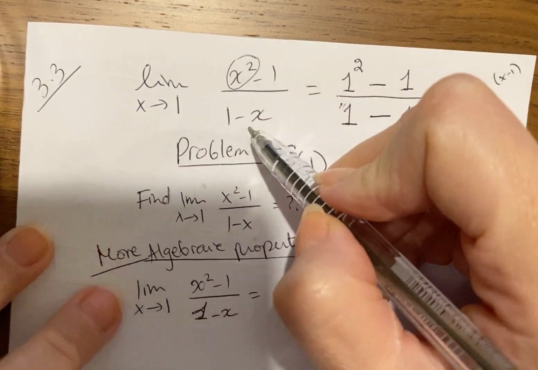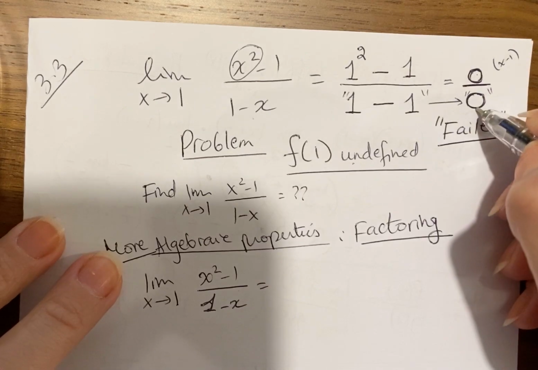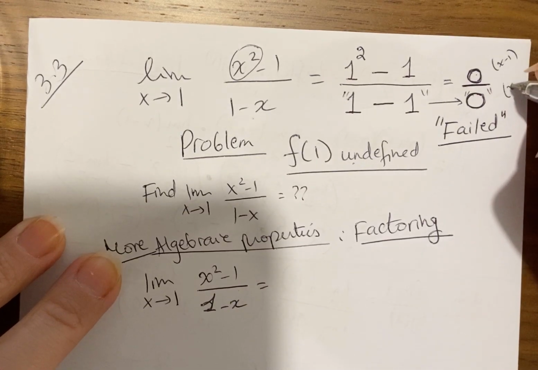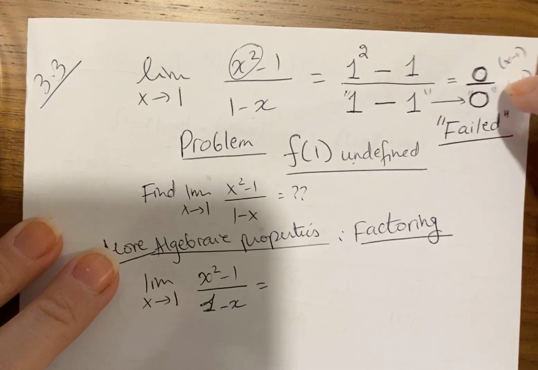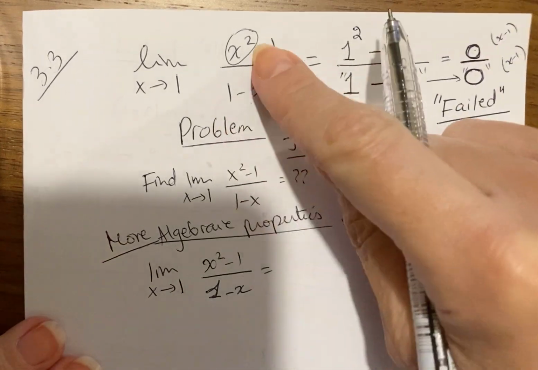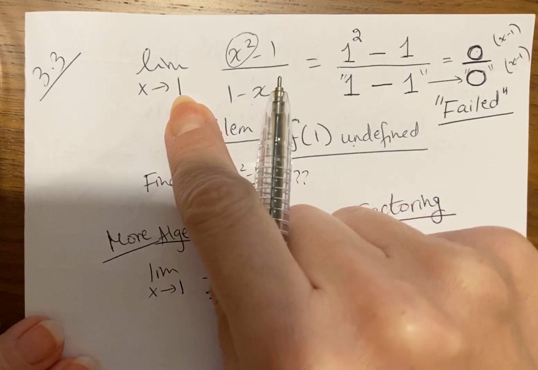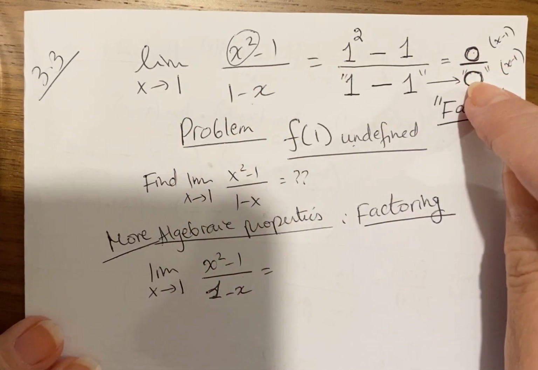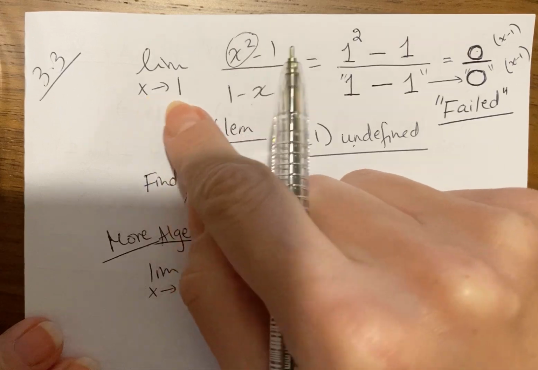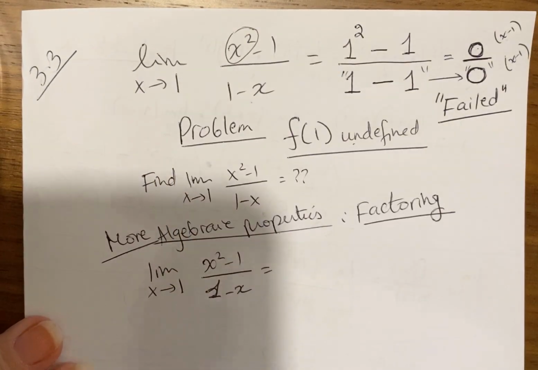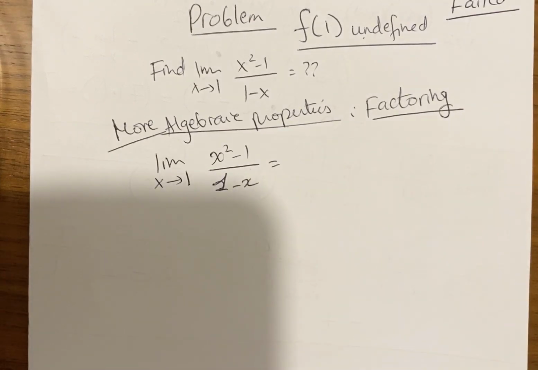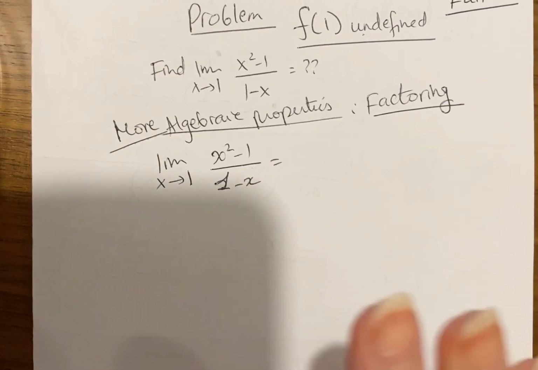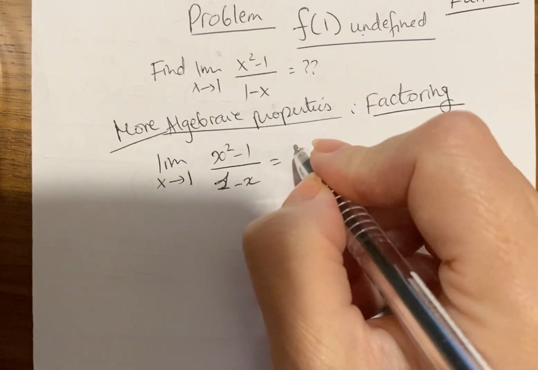Moreover, when I substituted 1 in the denominator, what did I also get? 0. This means what do I have? X minus 1 in the denominator. These I guarantee are there, because if I have a polynomial and I substitute a number and that number gives me an answer of 0, this means x minus a, or x minus 1, is a factor. So what is my duty? My duty is finding those factors. They are hidden. I want to find them. How to find them?